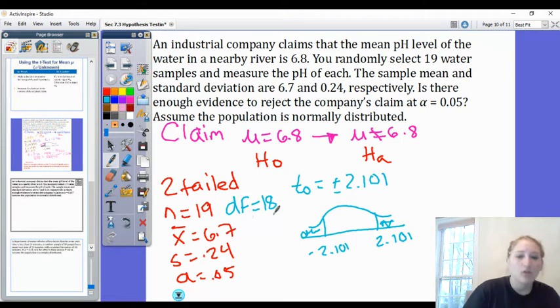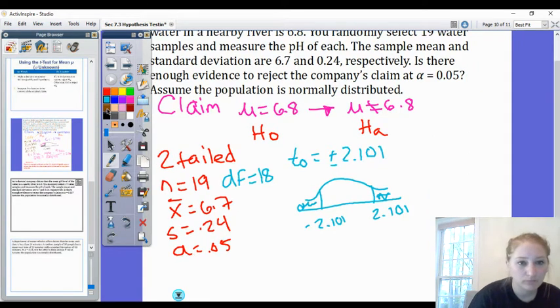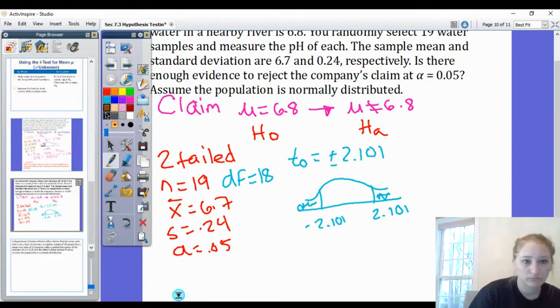All right, so I'm going to set this problem up just like we did the last one. We're going to find our t by doing our formula.